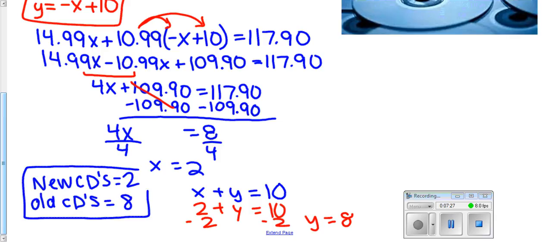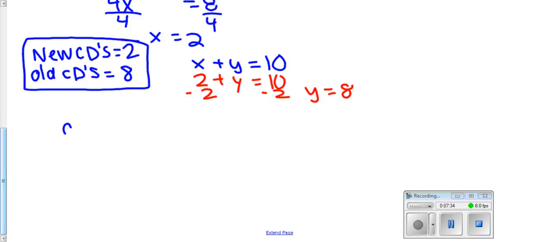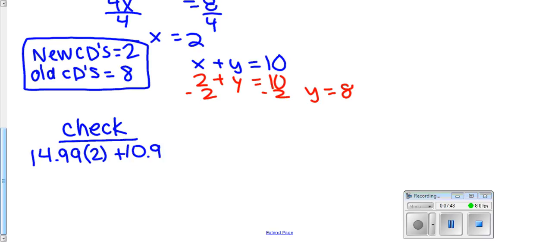Now, this is the answer to our problem, but we want to make sure that we always check our work. So here's how we check it. We're going to plug these answers in. 14.99 times 2 plus 10.99 times 8, and that should equal $117.90.